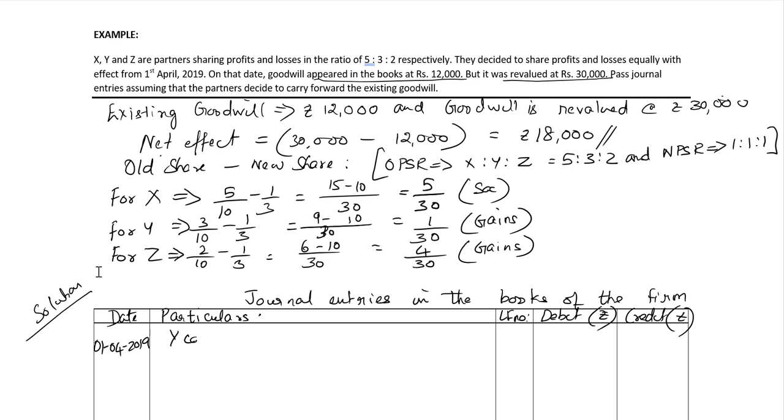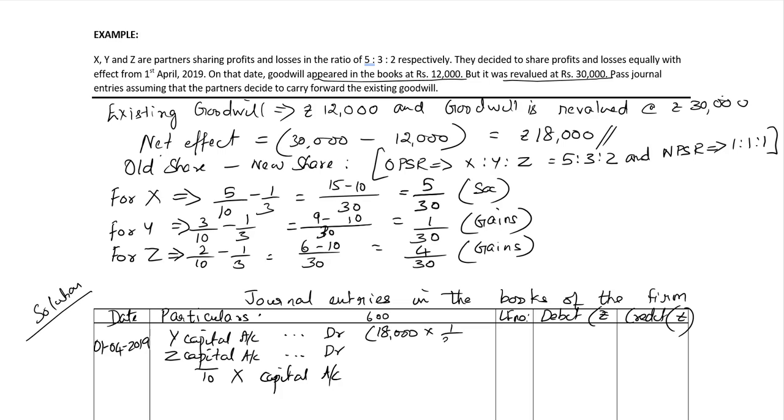Y capital account debit. Z capital account debit. To X capital account. We need to debit Y with the net effect 18,000 into 1 by 30, which is 600 rupees.